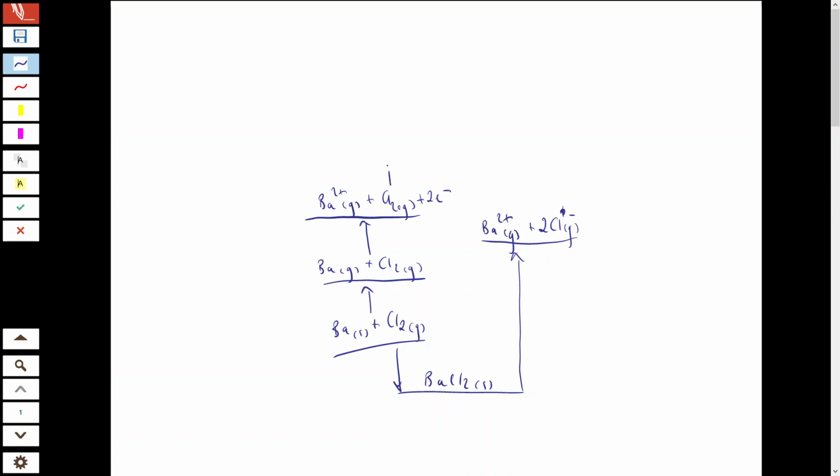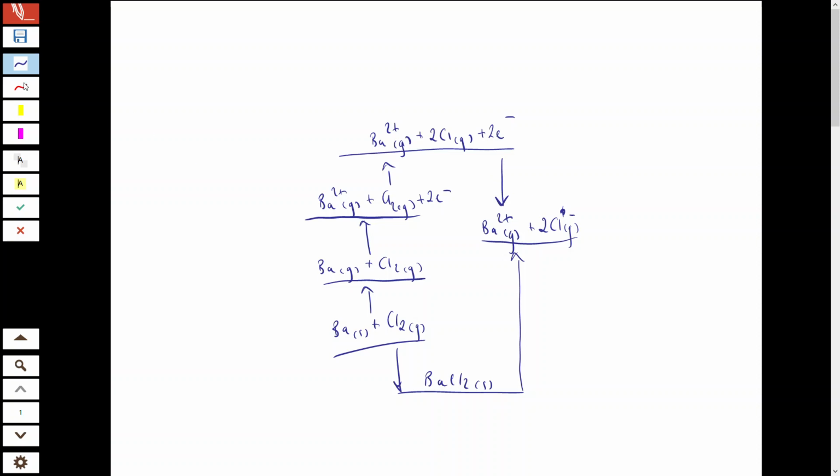Now I have to look at the chlorine, so I need to split it apart, turn it into individual atoms. I have to be careful to have the correct number, so keep barium the same. Now it's going to be 2 chlorine atoms here because I start with a Cl2 molecule and break it apart. Still got 2 electrons, and then we've got our electron affinities to get to the chloride ions.